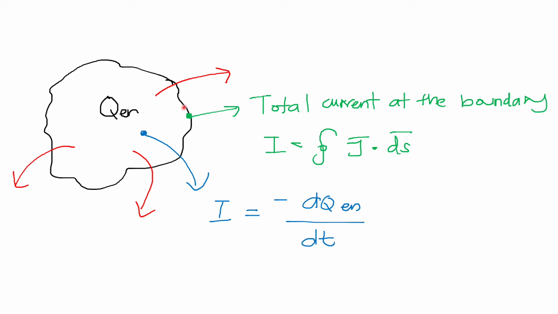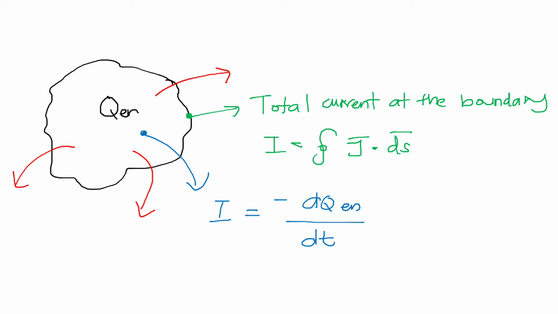This one is total current moving outwards, going out from this boundary, and at this boundary we find the charge enclosed by this boundary. So it's supposed to be equal.